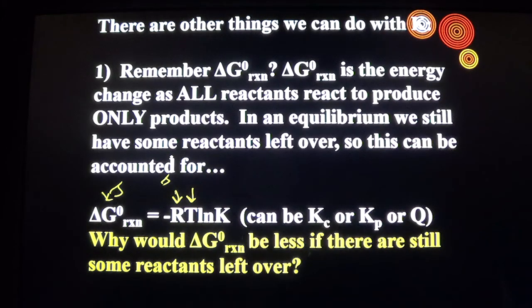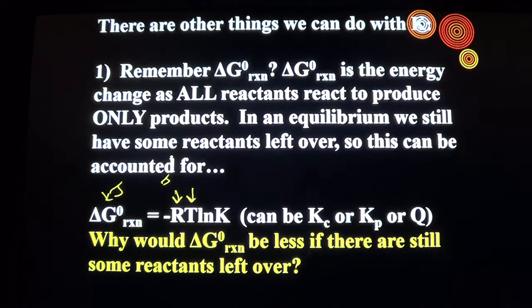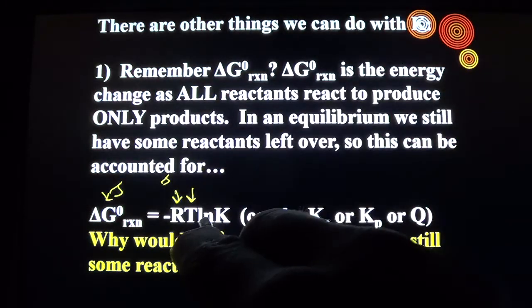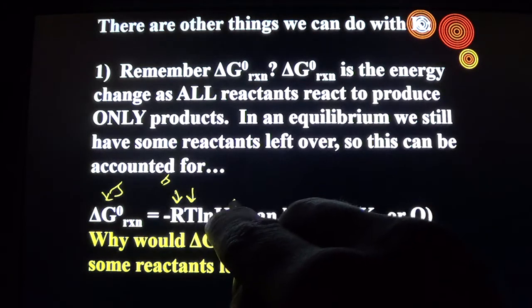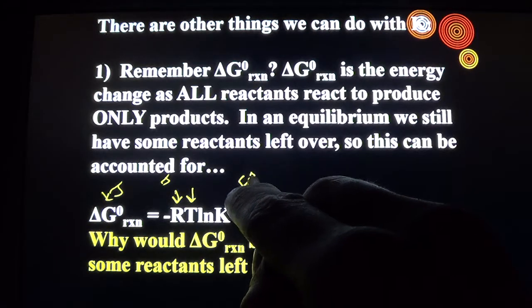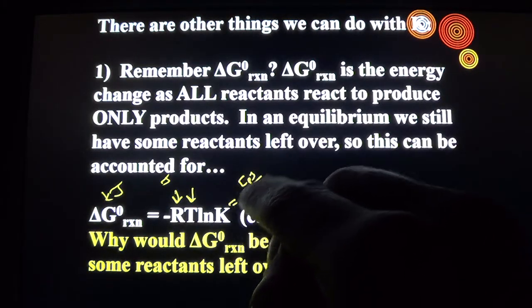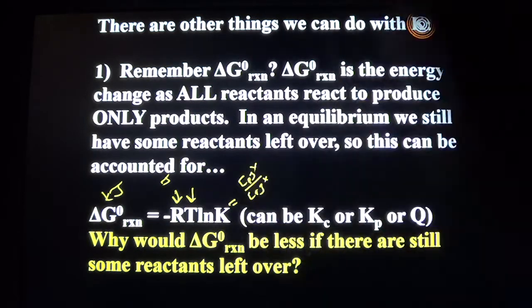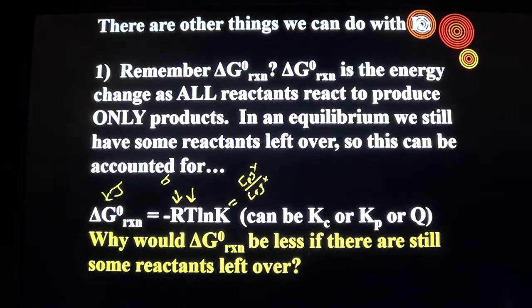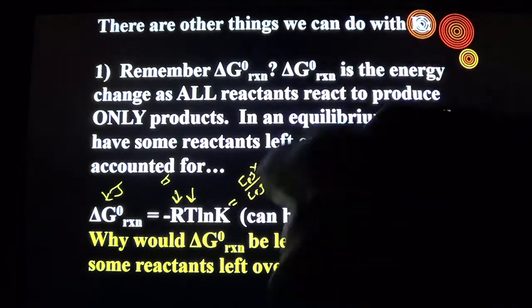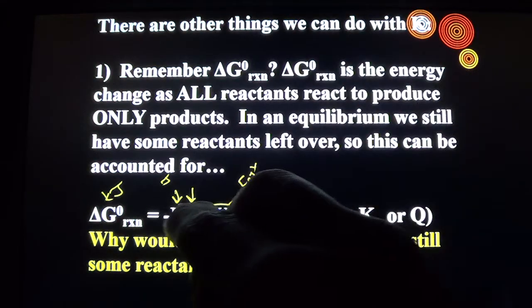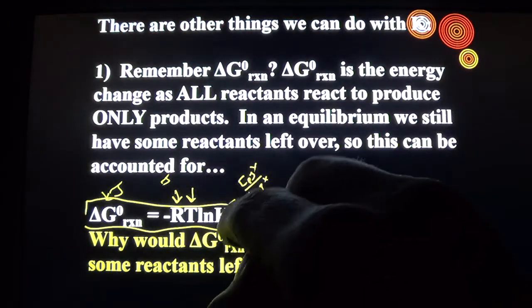Pick, of the three R's on the formula sheet, the one with joules in it. And now we take the natural log of K. And K is, of course, concentration of products divided by concentration of reactants to some exponent powers from the equation. That is K.